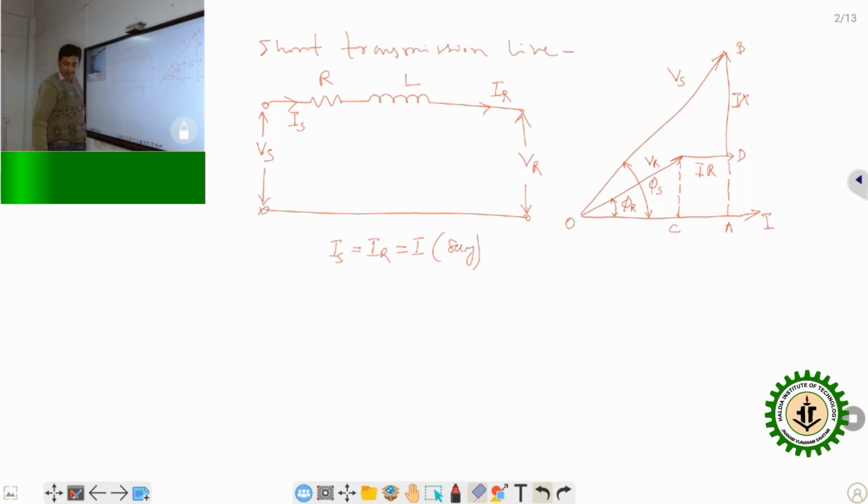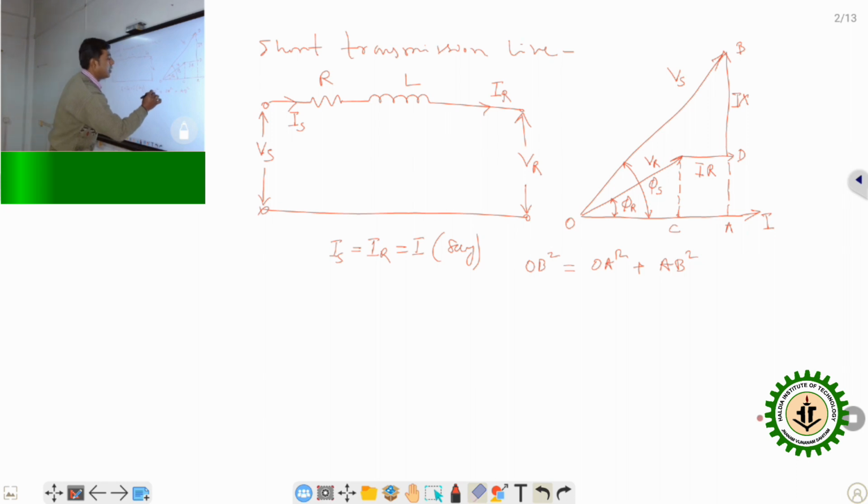A very simple equation. Here I consider hypotenuse square equal to base square plus perpendicular square. That means hypotenuse square means OB square, base is OA square, plus perpendicular square, which is AB square.